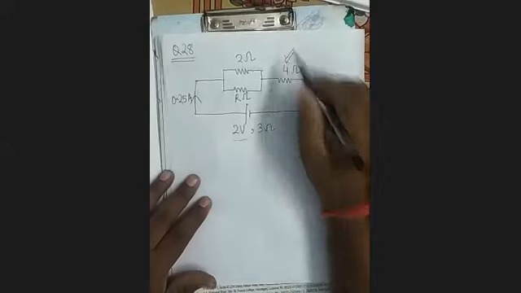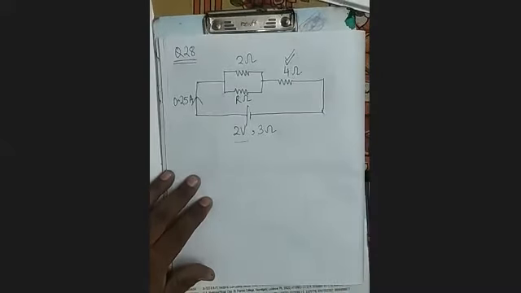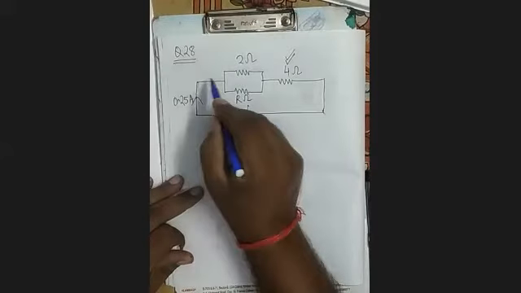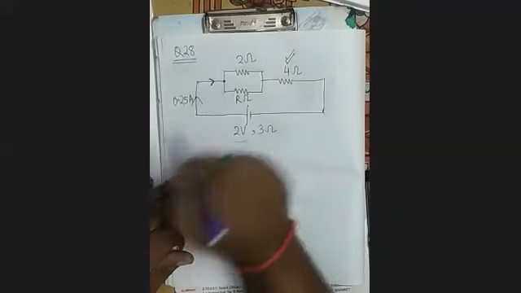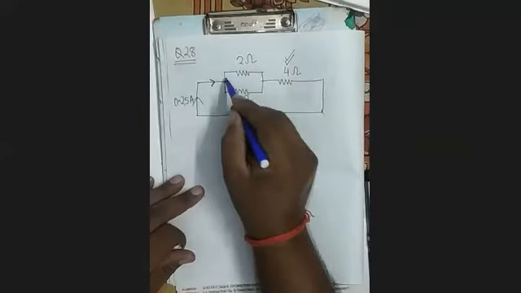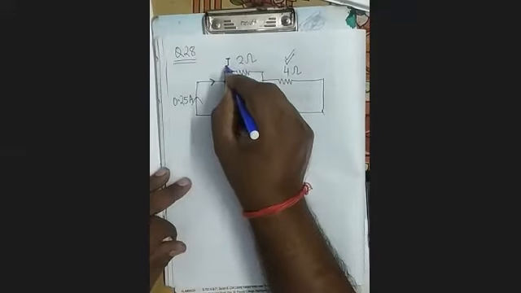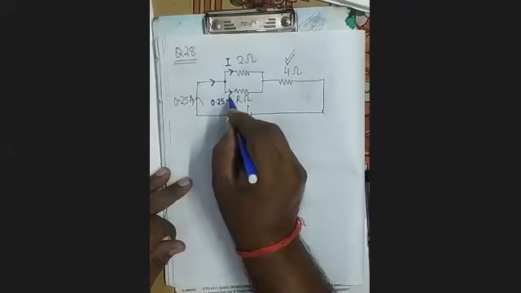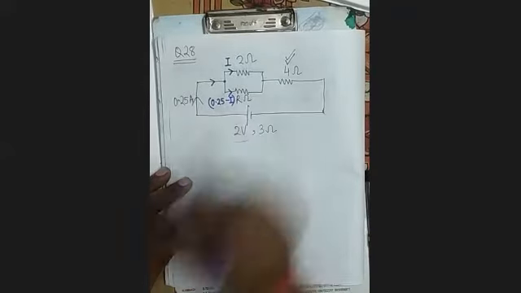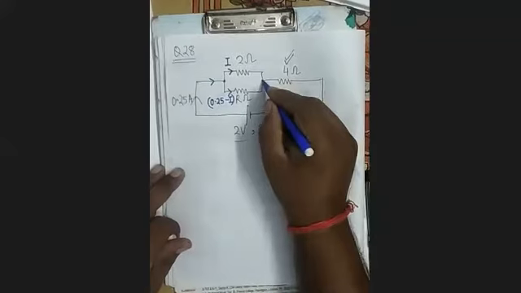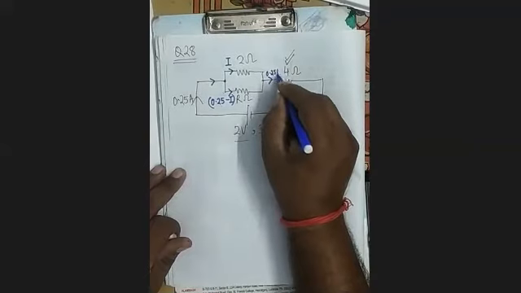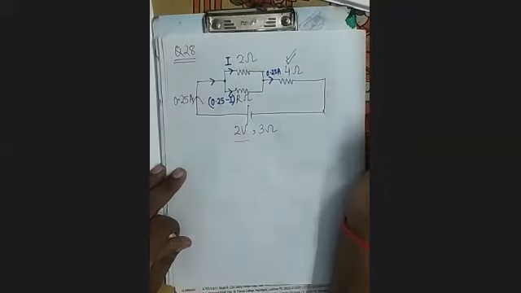Means how much potential difference is there in this? So you can see here, first you see here current is 0.25 ampere. When the current reaches this point, some current will pass through this, and some current will pass through the other. Suppose I current goes in this side, then 0.25 minus I current will flow through the R. Once again, both the currents will meet here and the current becomes 0.25 ampere.